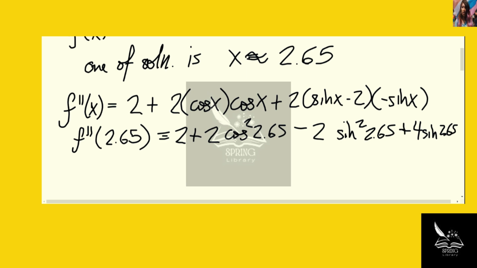And in fact, if you plug this into your calculator and evaluate, you'll find this is greater than 0.